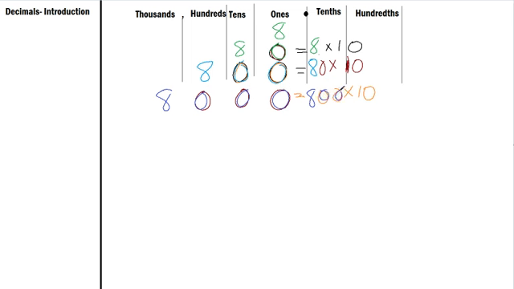So every time I move this 8 to the left, it multiplies by 10. If I move it to the left, we multiply by 10. All right, so that should kind of be a review.